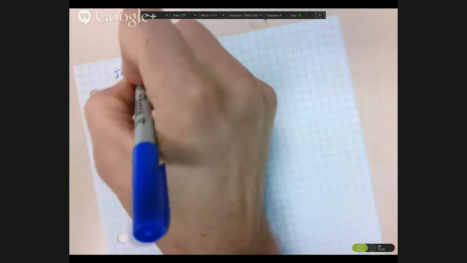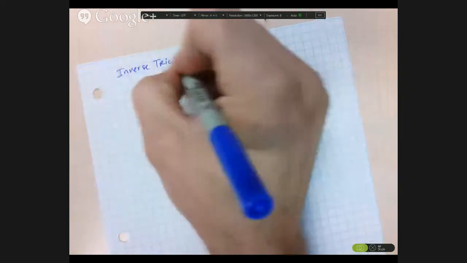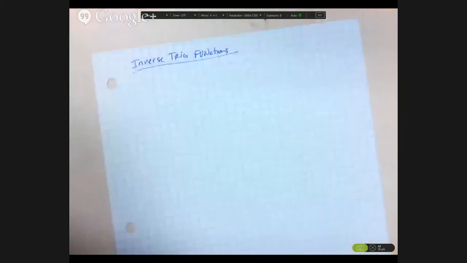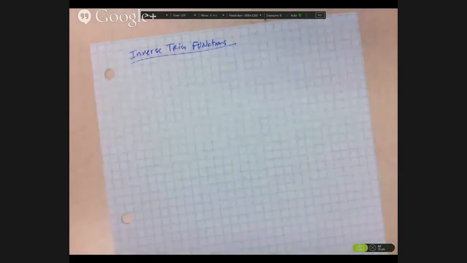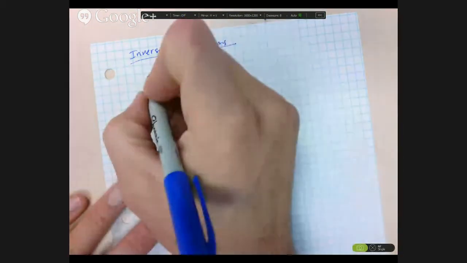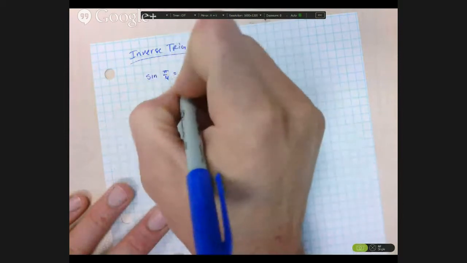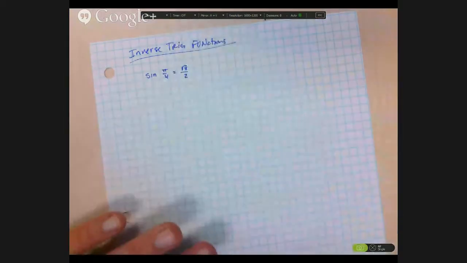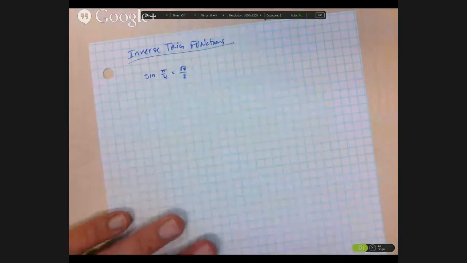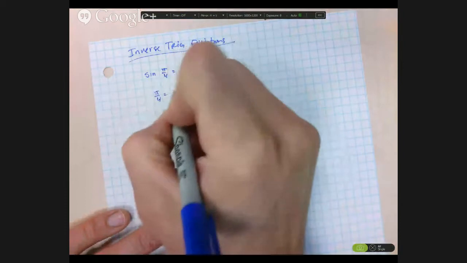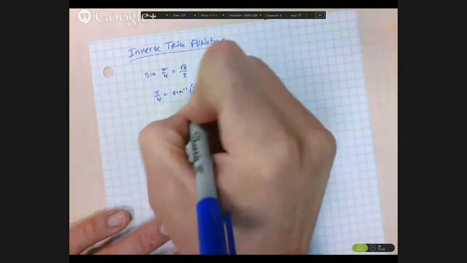Just a short note on the inverse trig functions. Basically, you're looking at the opposite. So if the sine of pi over 4 is root 2 over 2, we know that pi over 4 equals the sine inverse of root 2 over 2.